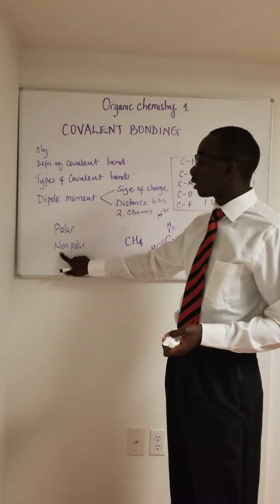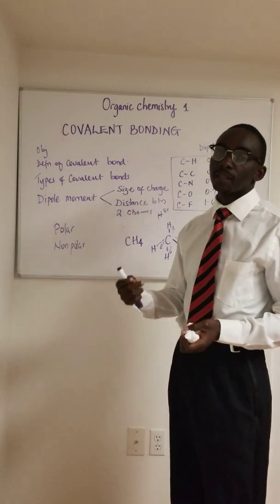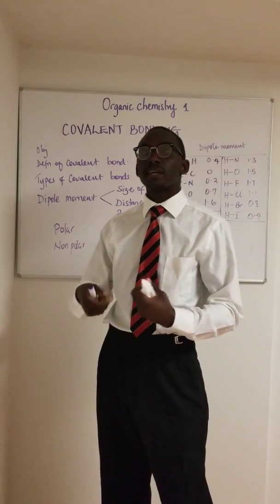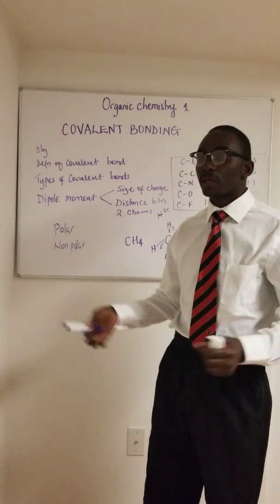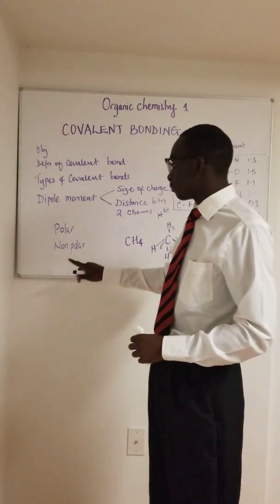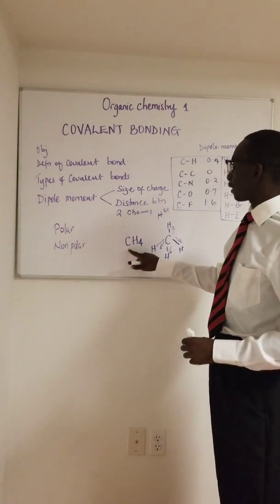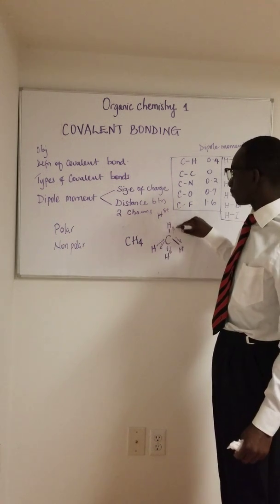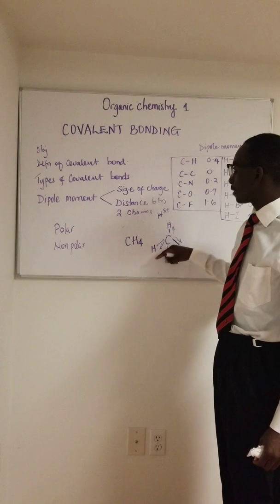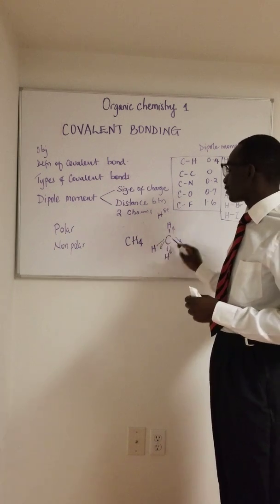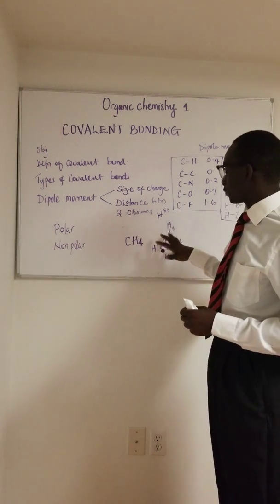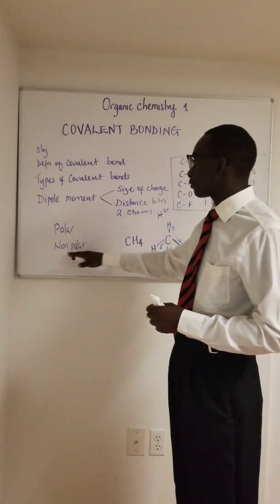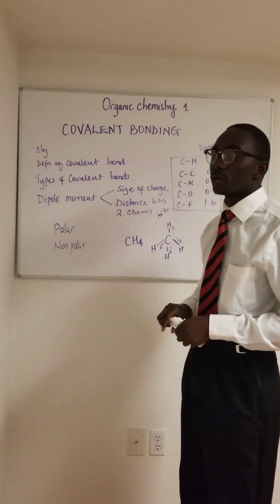Then the non-polar case is when we have atoms of the same element, they will have the same equal pull, and the resultant dipole moment will be 0. Another example is methane, where we've seen that the hydrogens have the same pulling effect, and the resultant force is going to be 0, making the molecule non-polar.